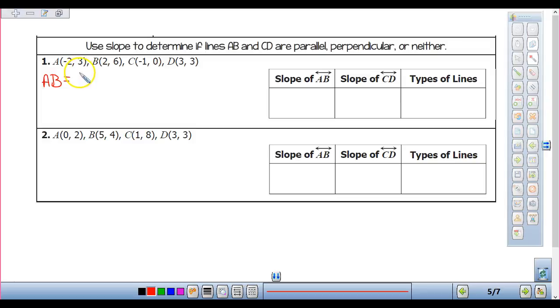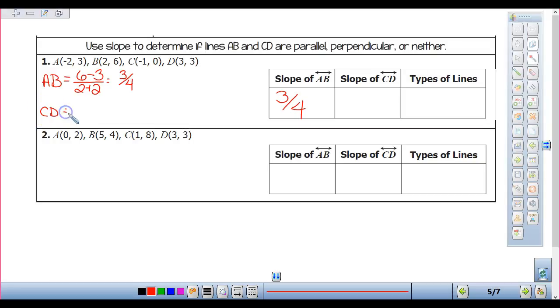Yep, so tell me the numbers. 6 minus 3 over 2 plus 2, so my slope of AB is positive 3/4. Okay, so slope of AB would go in that box.